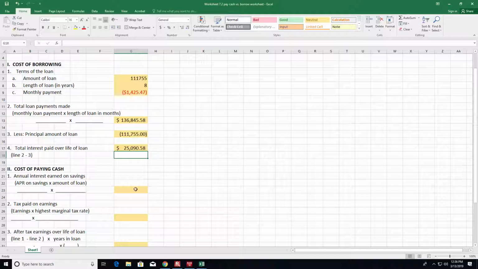Then we're comparing that to, should I just take the money out of my bank account? Okay. How much interest did I tell you that I earn on my bank account? 5.9%. So every year, give me the formula, how much interest do I earn on that money? Equals what times what times what? Evan, what'd you do?